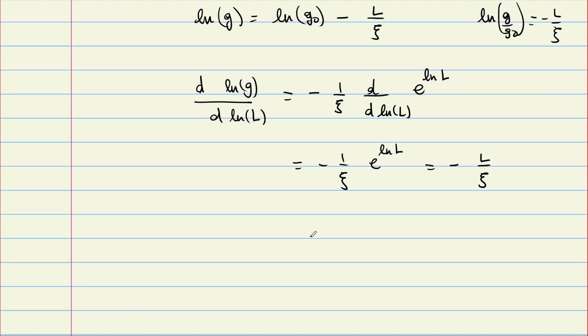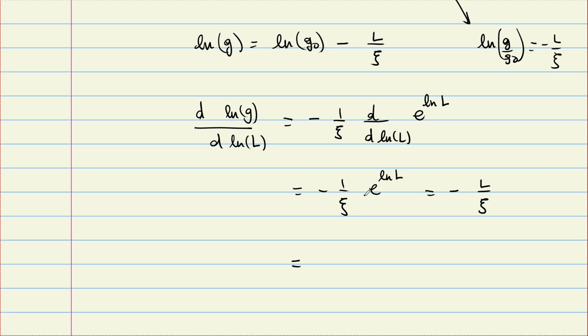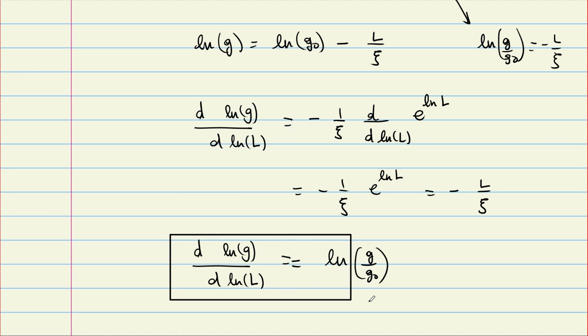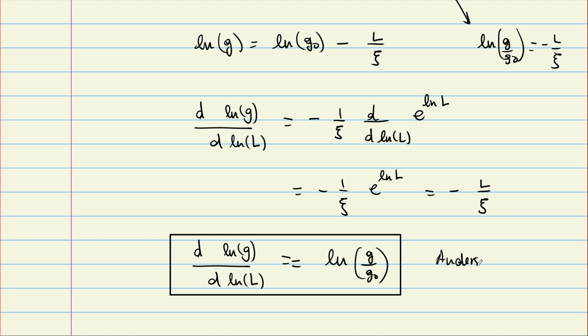This also verifies that our beta function is only a function of ln g. So this is ln g over g naught. So this is the Anderson insulator.